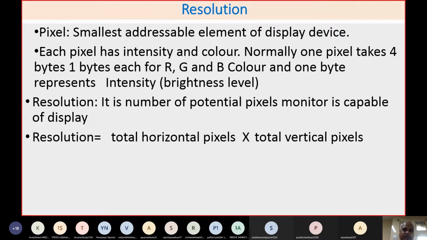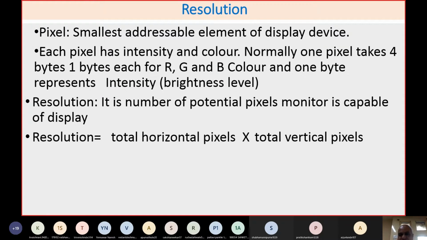When I say addressable, I mean that on a screen you can literally illuminate one pixel or turn one pixel off. That means every pixel has intensity as well as color. Now, if you want to give a color to any pixel, normally each pixel requires 4 bytes. Out of these 4 bytes, 3 bytes are used for RGB. As you know, 1 byte is equal to 8 bits, and within 8 bits you can have 256 combinations.